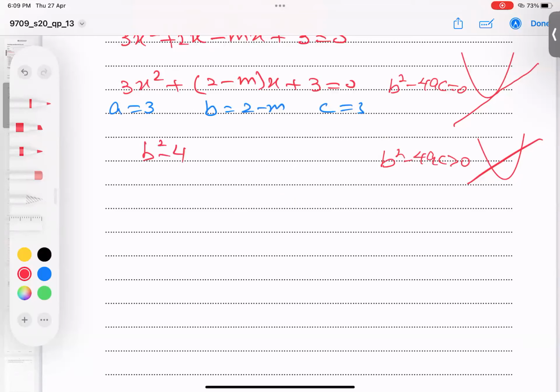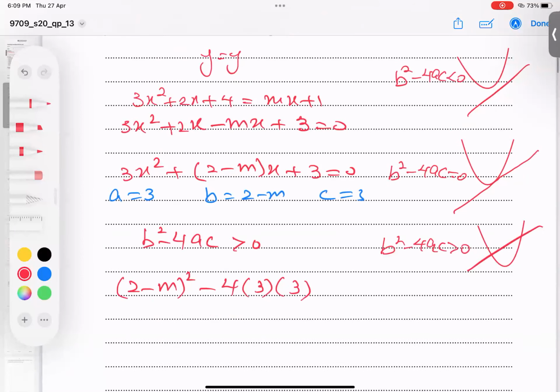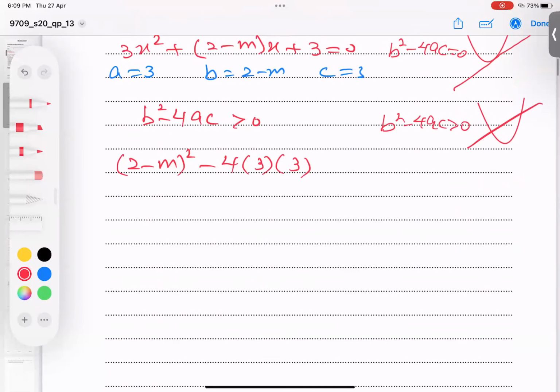So b squared minus 4ac bigger than 0. Apply the b value, which is 2 minus m, and a is 3 and c is 3 as well. Let me recheck. Yes, correct. Now what is the technique here? I have to expand, using the squaring identity: first term square, negative 2 times first term times second term, plus second term square.